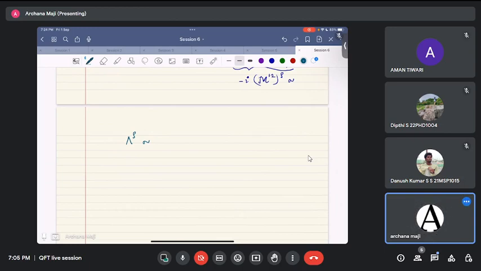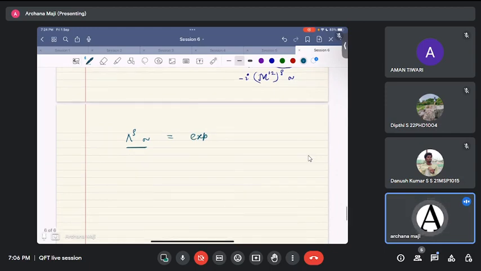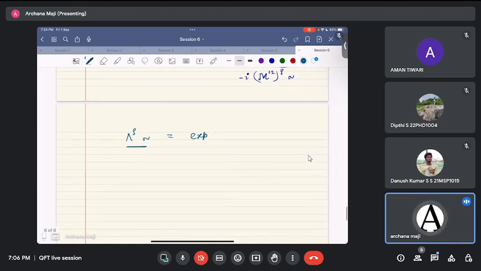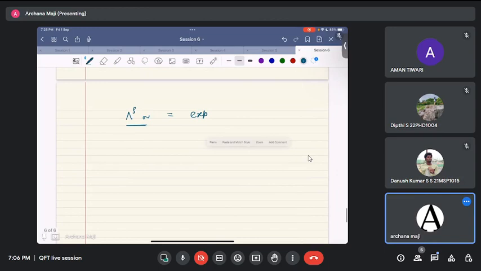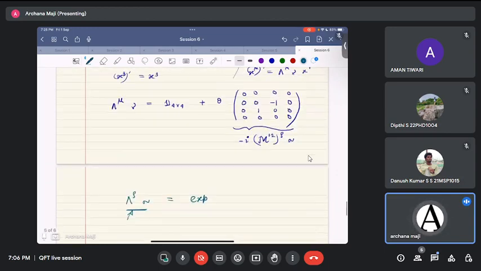Okay, so wait. Lambda rho sigma is basically a Lorentz transformation. You get it, so this is a finite Lorentz transformation. You get it when you exponentiate the corresponding generators, right? It has a matrix representation, a 4 by 4 matrix.